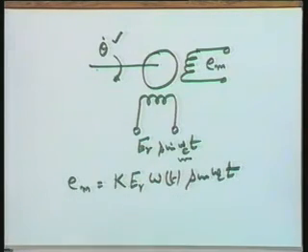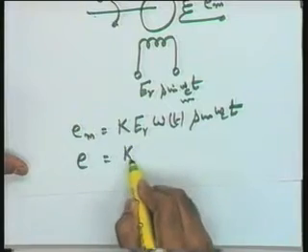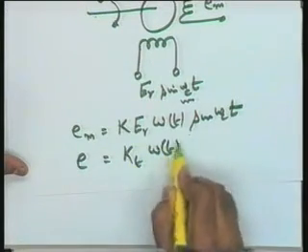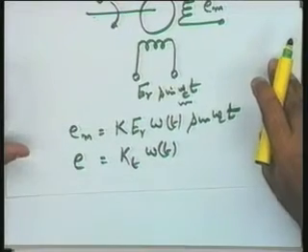This problem was not there in the earlier case, the DC tacho generator, because the output was proportional to speed and the output was a low frequency signal, it was a DC signal. But in this case also mathematical modeling gives you the same picture, because I will be interested in the error signal E is equal to Kt into theta dot, where this depends only on the envelope of that signal.